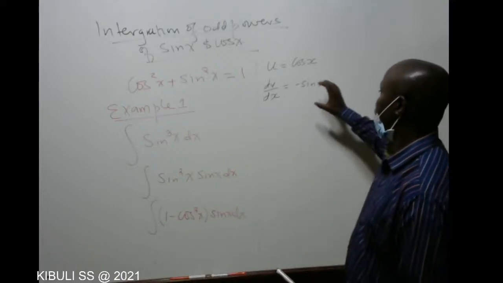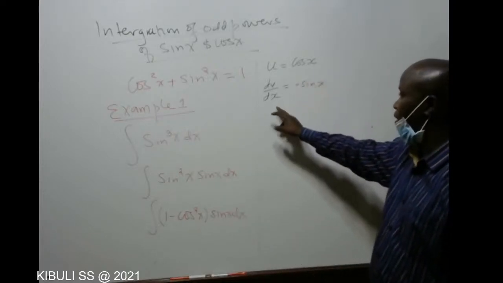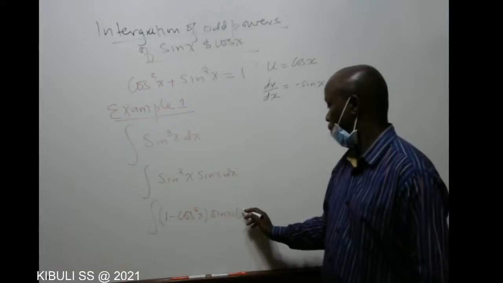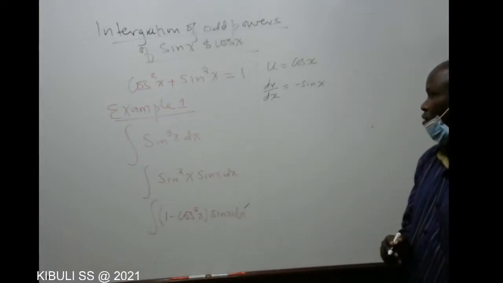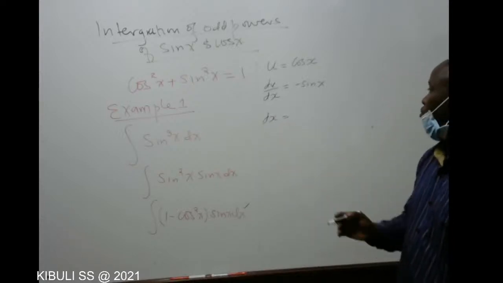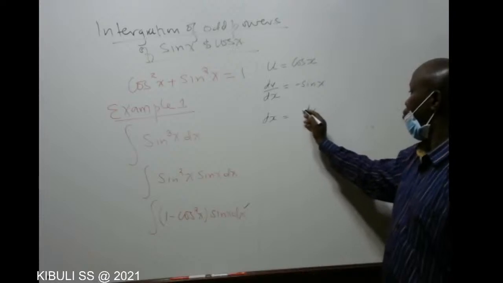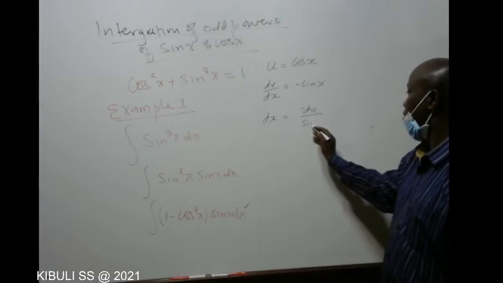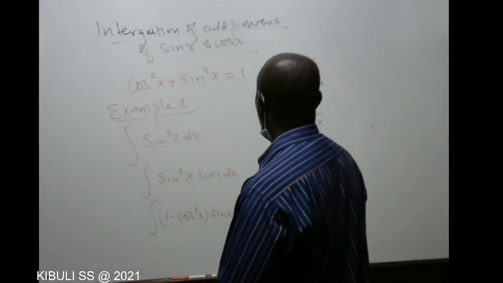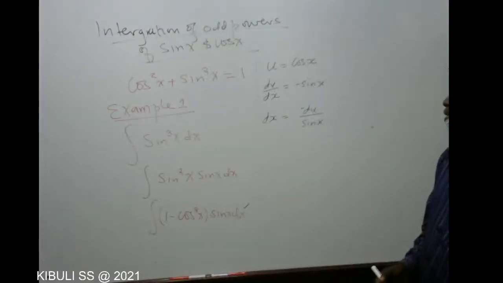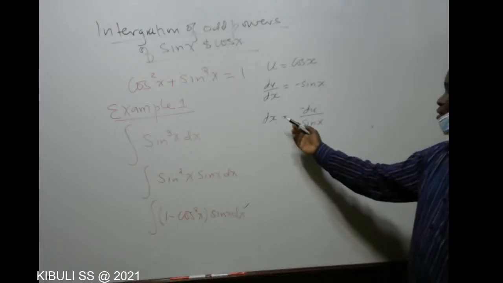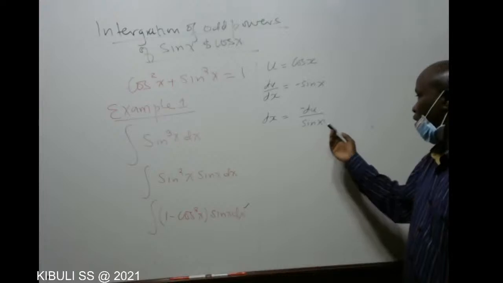And therefore, from here, I must make sure that I come up with the dx, because I have it here. So I'm going to have dx making the subject. We are making dx the subject from this step. Our dx is equal to negative du over sin x.